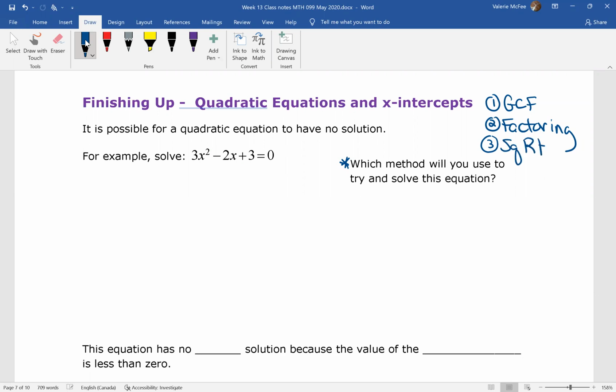I don't already have a factor squared here. We could try completing the square, but if I did that, I would end up with a fraction in the middle term, and we never like that. So we're going to use our quadratic formula here.